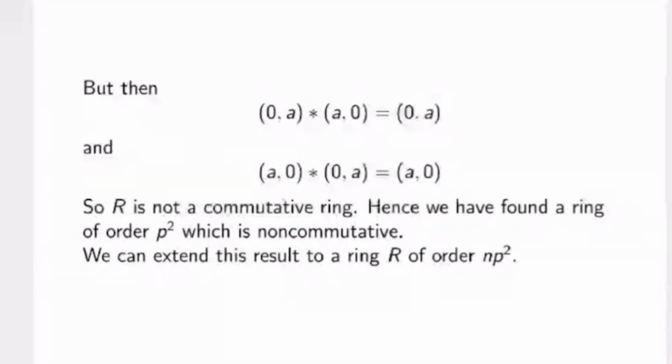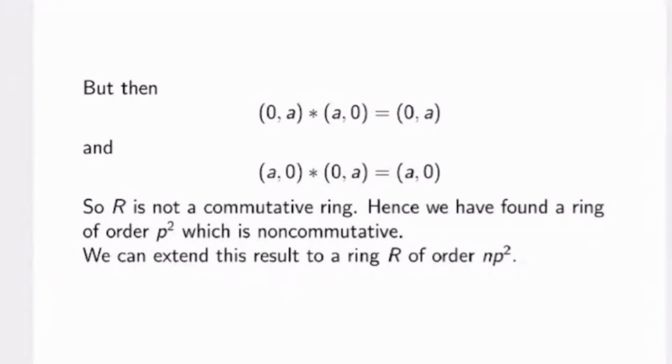Yeah, this is clear. Now, can you have one more non-commutative ring of order p square? You defined it this way, right? You provided a counter example. One example you gave, that is correct. For every natural number n there is a cyclic group of order n, right? And when the additive group is cyclic, then it is a commutative ring, right?